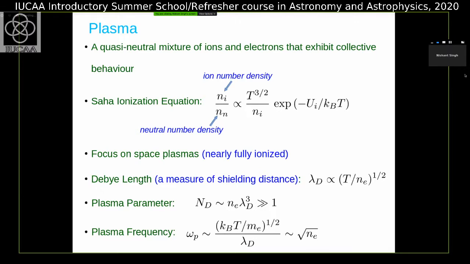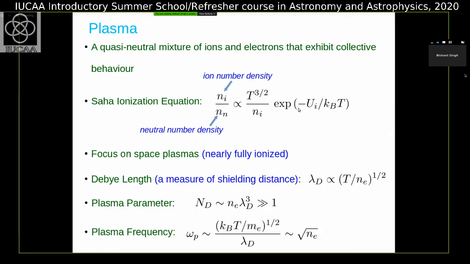When you take a piece of metal or any low temperature object and start heating it up, it will go perhaps through the liquid state to the gaseous state, and if you keep heating the medium, you might end up with a medium which is simply a mixture of ions and electrons, because you have heated it so much that electrons no longer remain with the nucleus and are knocked out of the atoms.